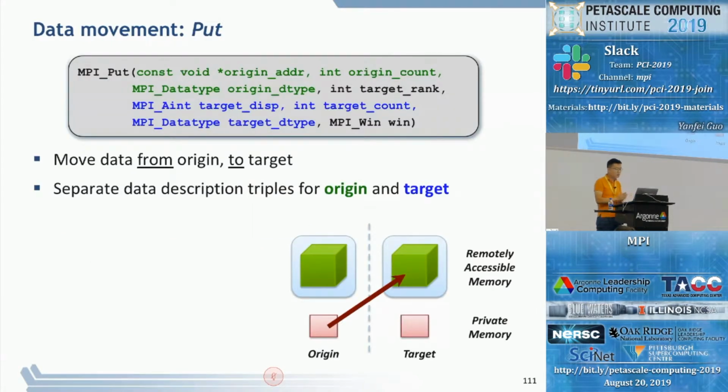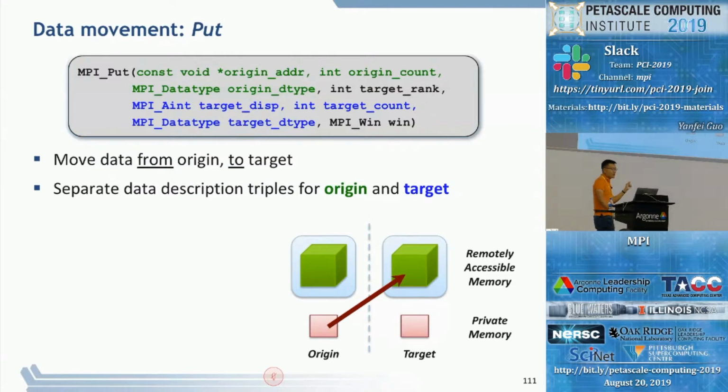Okay, so put basically is you have some data in your origin process, and you want to write it to a remote memory on the target side. For this call to work, you need to have an origin address, count, and data type, and you have a target rank and a target displacement.